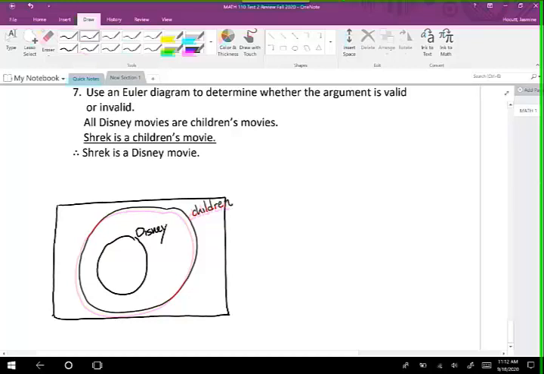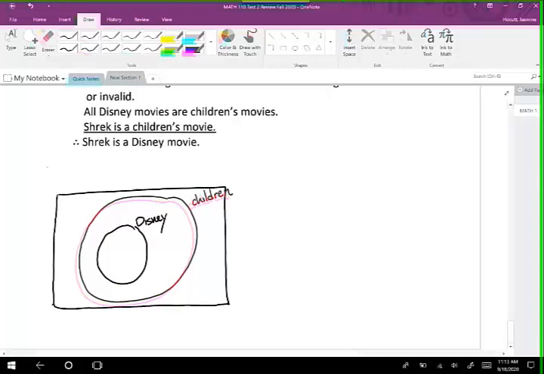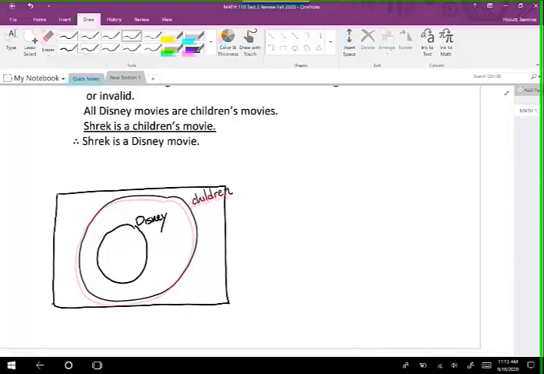Okay. And the second statement is that Shrek is a children's movie. And the conclusion that we're drawing is that Shrek must be a Disney movie. Now, before I finish that picture, let me clarify something about the placement of the dot in these kinds of problems. So where, in other words, where do we put Shrek in this picture?